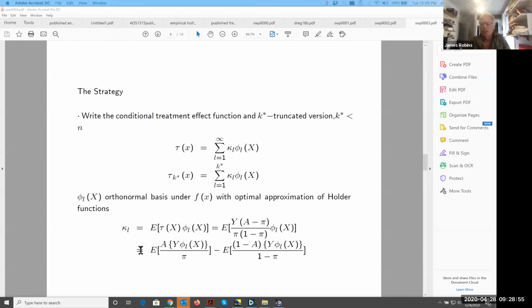But later I'm going to have to put K star of them together, that's kappa, not K. So I've reduced the problem into two parts: putting K star together ordinary kinds of things we estimate all the time.